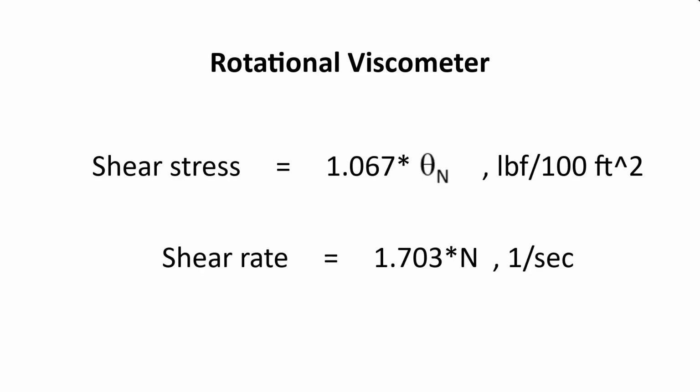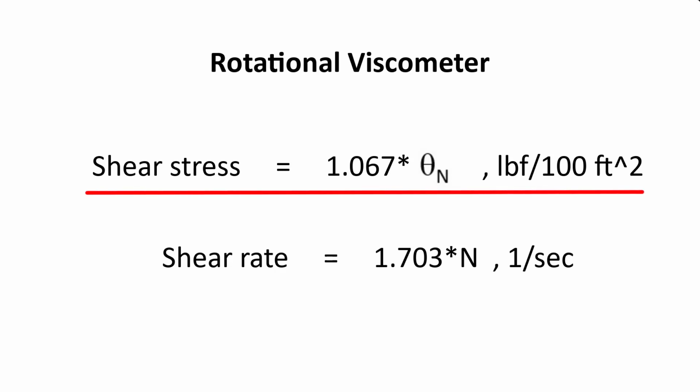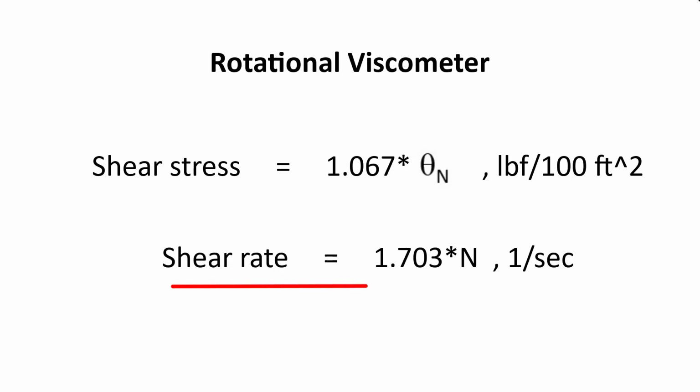Utilizing rotational viscometer readings, shear stress and shear rate can be calculated. Shear stress can be calculated by multiplying 1.067 by the viscometer dial reading. Likewise, shear rate can be calculated by multiplying 1.703 by the rotational speed of the viscometer.